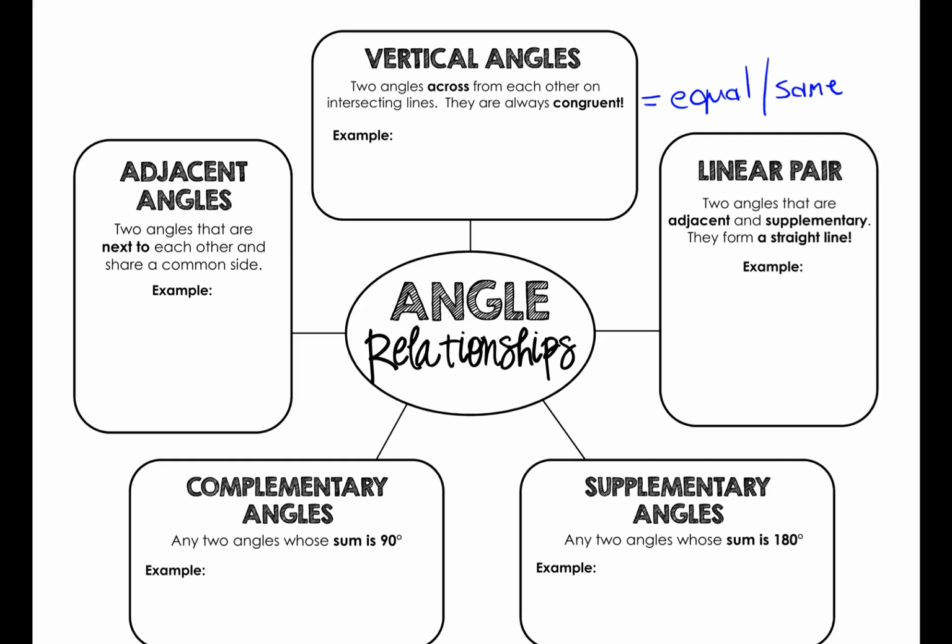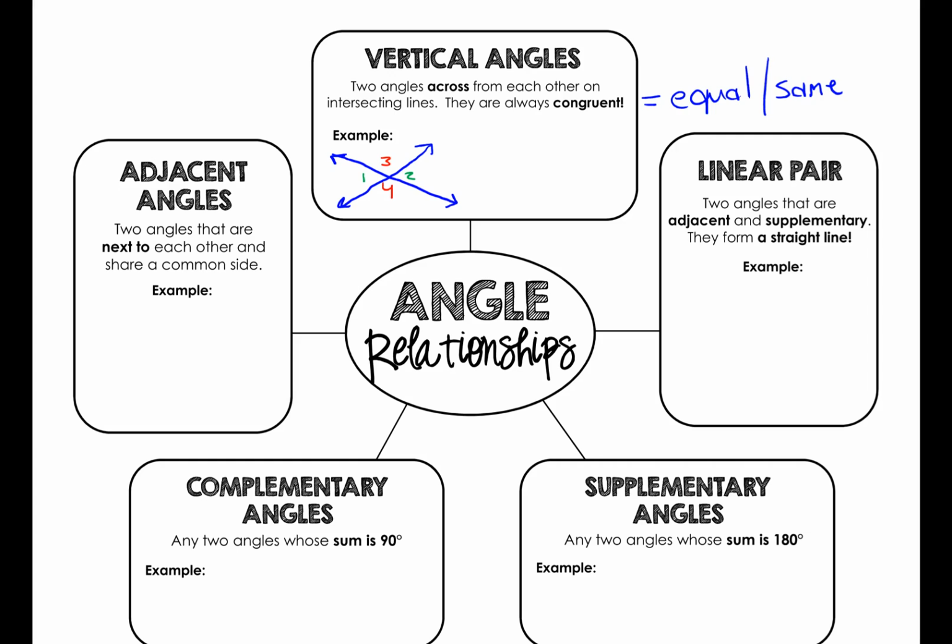So if I were to draw a set of vertical angles, I would draw two lines that intersect. I'm going to draw these as arrows because these lines go on forever. And I'm going to label these 1 and 2 and 3 and 4.